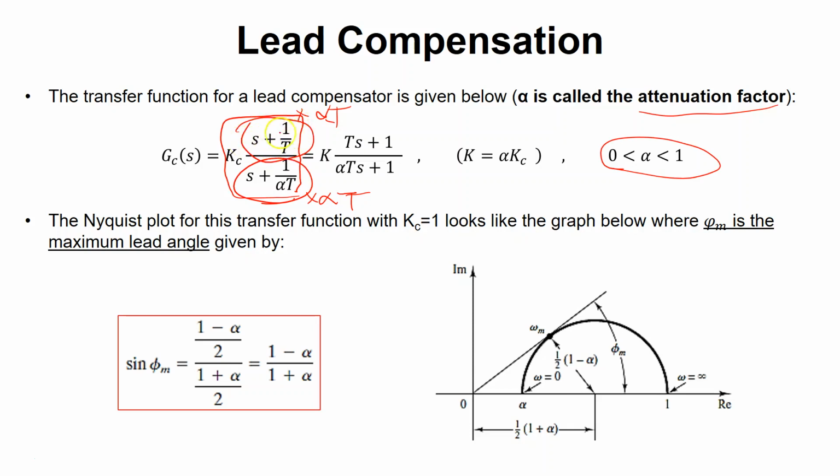If you factor out that alpha out of the numerator and multiply it by Kc and call the result K, then you can also write it as K(1 + Ts) divided by (1 + alpha Ts).